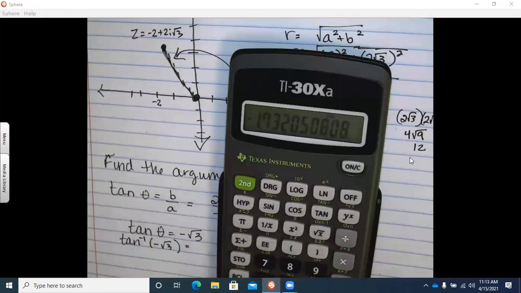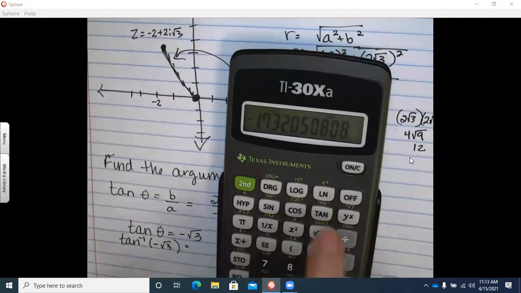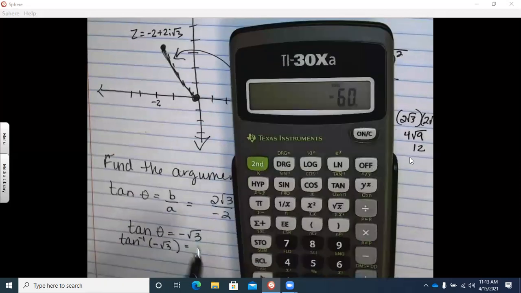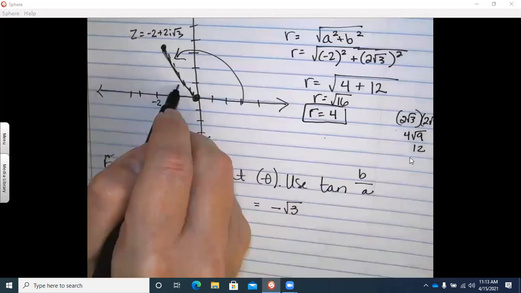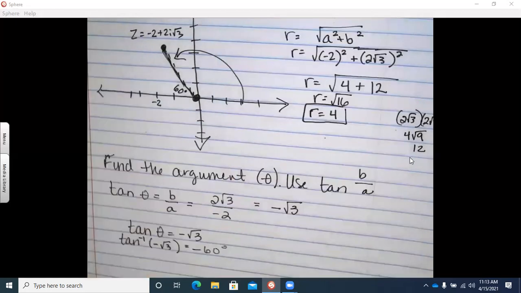I don't want to know tangent, I want to know inverse of tangent. So second tan, and I get negative 60 degrees. So is my theta 60 degrees? No, that means that my reference angle is 60 degrees, right? And it's negative 60 because in that quadrant, a positive divided by a negative is going to be a negative, correct?